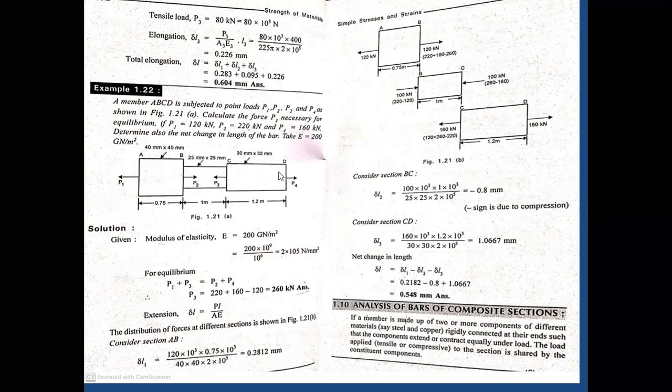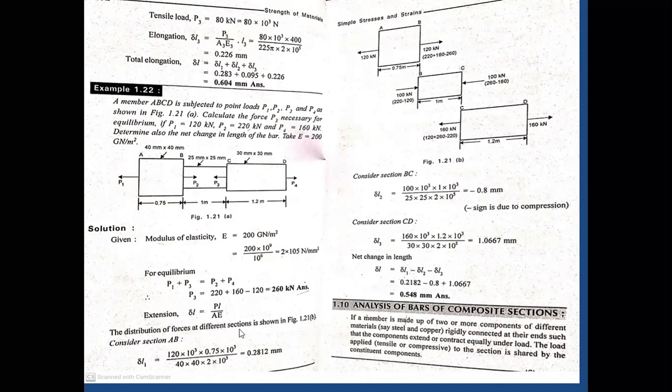The left side forces are P1 and P3, and the right side forces are P2 and P4. By equating the summation of these forces, the P3 will be 260 kilonewtons.